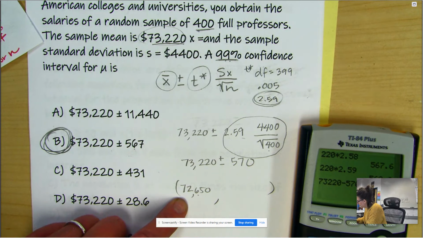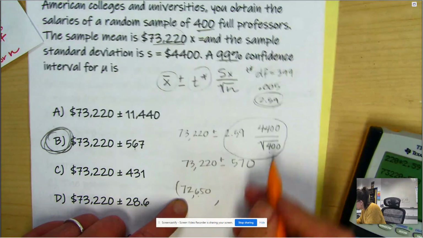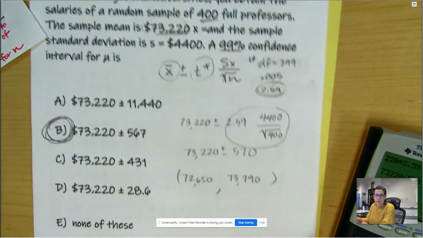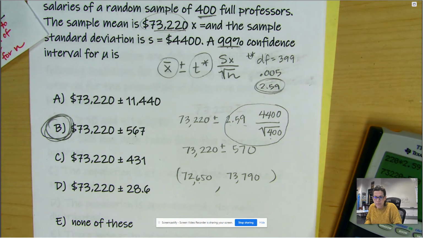It's an interval. 73,220 plus 570 is 73,790. We can say with 99% confidence that the true mean of full-time professors' salary is captured by 72,650 to 73,790.